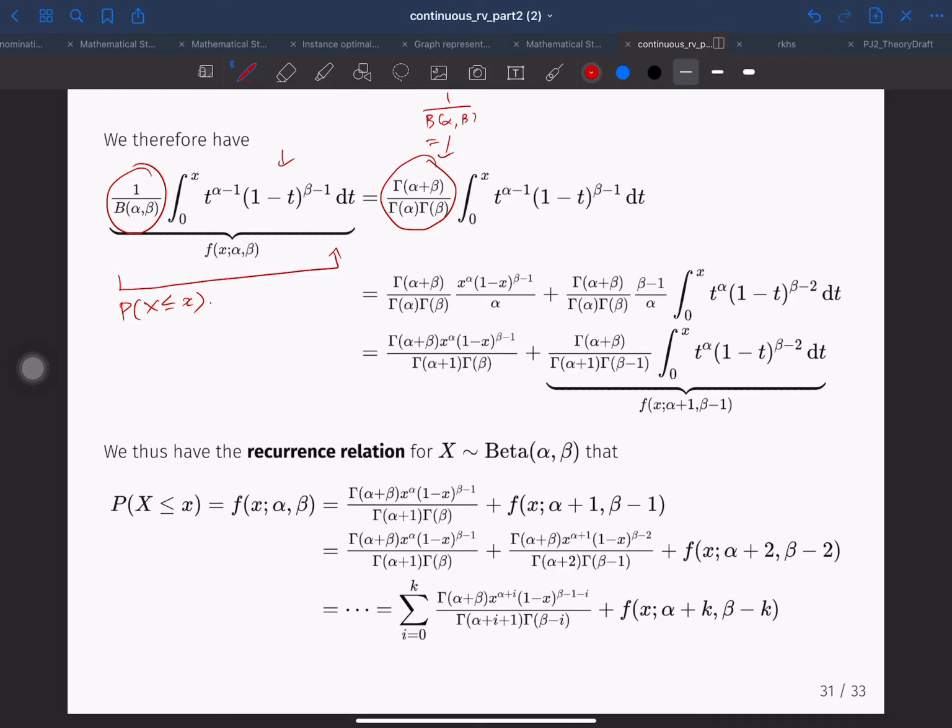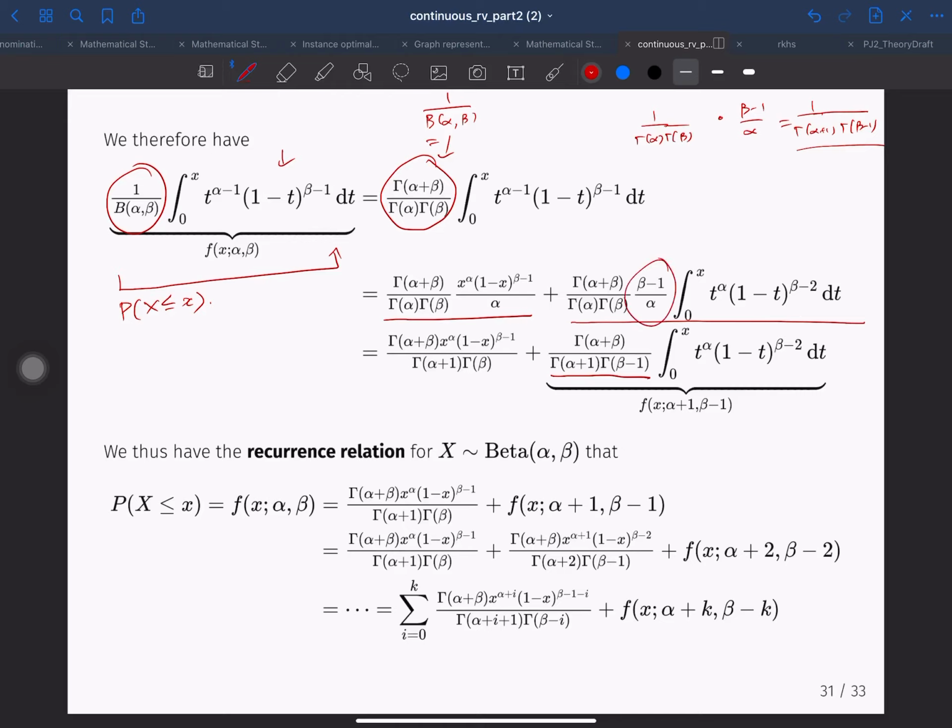And then by our integration by parts, we have this first term plus this second term. And then now using the property of the gamma function, we have 1 over gamma alpha, gamma beta, times beta minus 1 over alpha is nothing more than 1 over gamma alpha plus 1, gamma beta minus 1. So that is what we have here after taking care of this one.